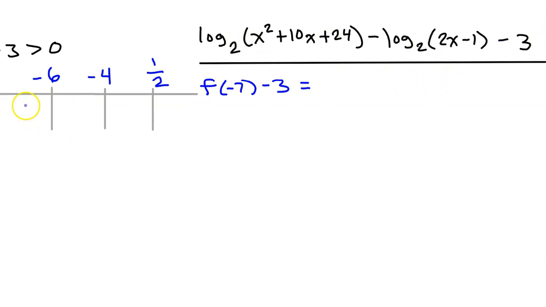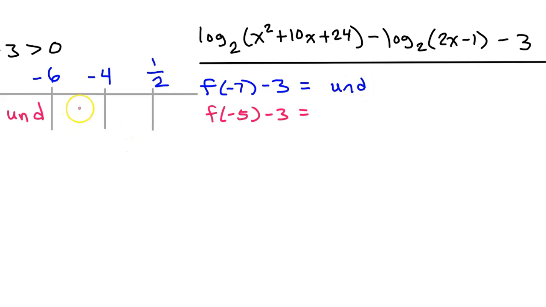In the first interval, let's use negative 7. So if we plug in negative 7, for example, right here, 2 times negative 7 is negative 14. Minus 1 is negative 15. You cannot take the log of a negative number, so f at negative 7 minus 3 is undefined.